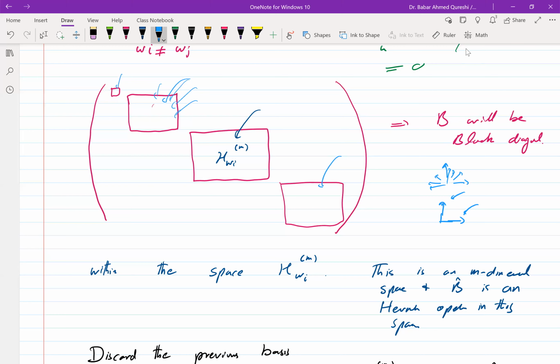You bring in another operator which commutes with A, because you want A to remain diagonal. If this new operator B has distinct eigenvalues on this subspace, then you get more refinement in the subspace, and you will be able to label your basis through the eigenvalues of both of them. And that will pick a more specific basis for you.